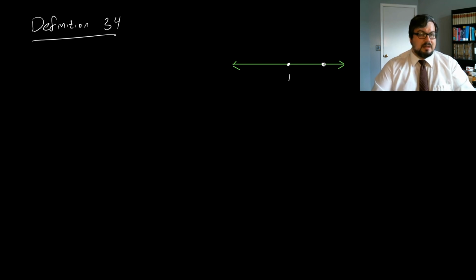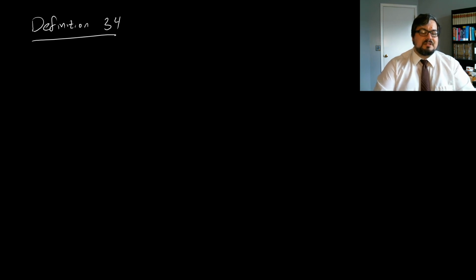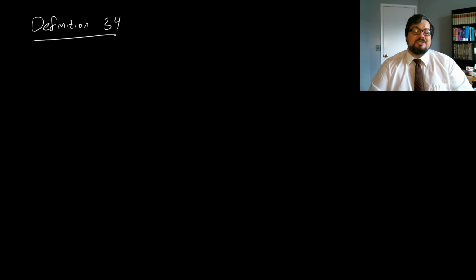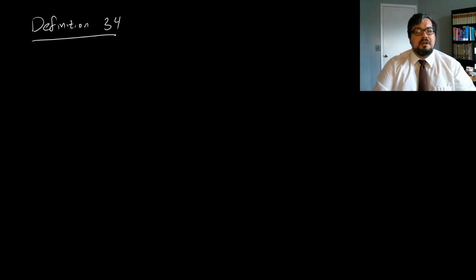Definition 34, we want to define what it means for two angles to be congruent. We defined two segments to be congruent when their lengths were the same. That is, when the number that we associate to that segment is equal. We can do the same thing here.